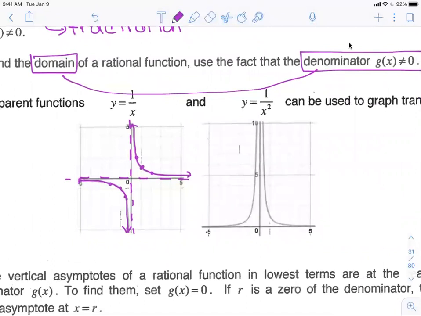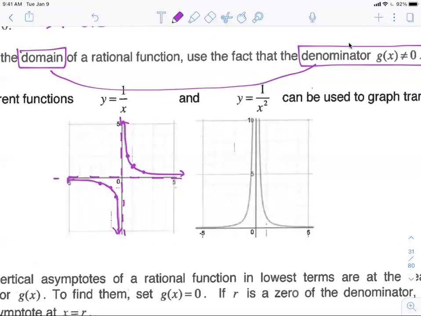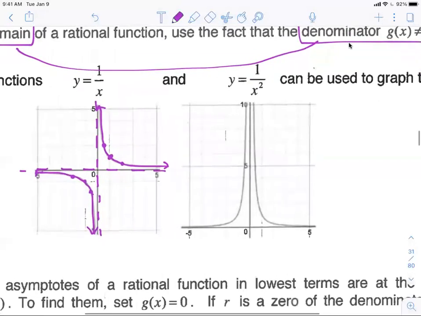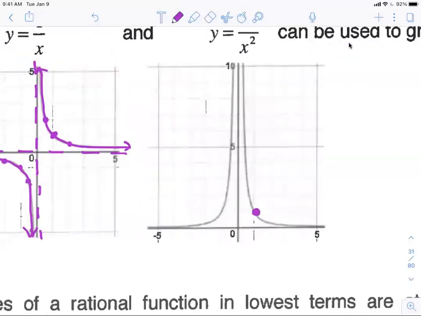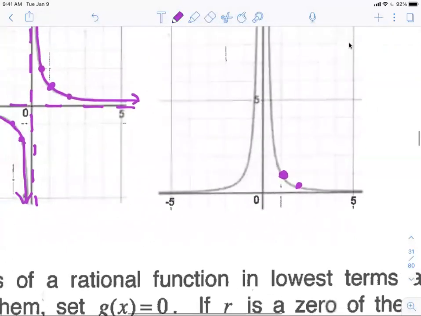If we graph y equals 1 over x squared, that's the other function you need to know. Notice that the exponent is even. When that happens, and you can make a table if you want, but you're going to get, when x is 1, for instance, you get 1 over 1 squared, which is 1. When you plug in 2, 1 over 2 squared is a fourth, so this is graphed at a fourth, so obviously this gets hard to graph. So just kind of do your best with graphing these points here.